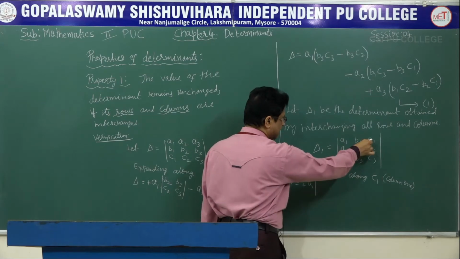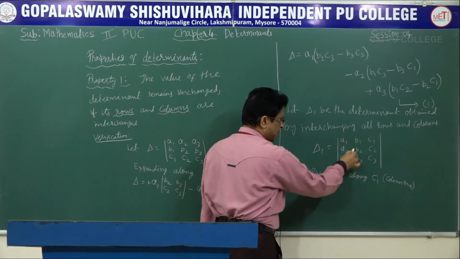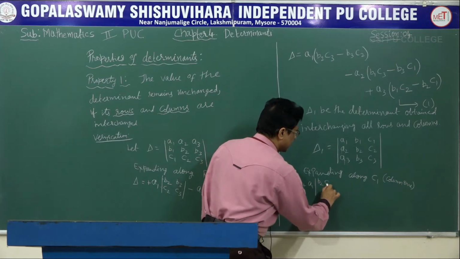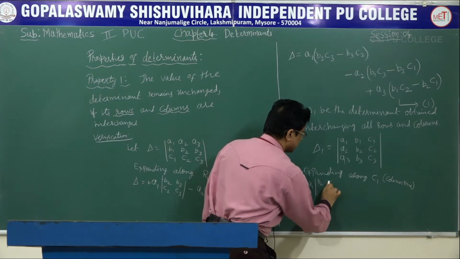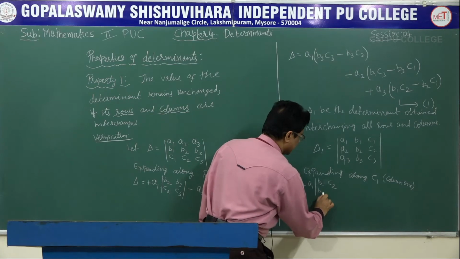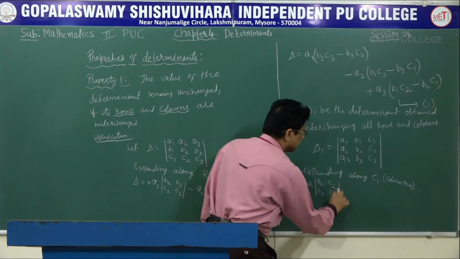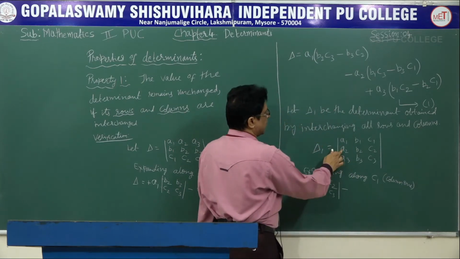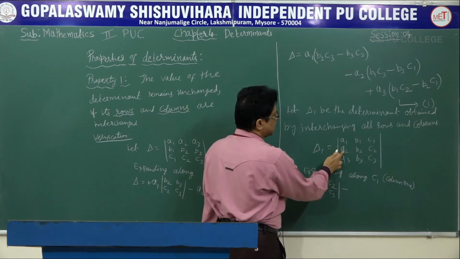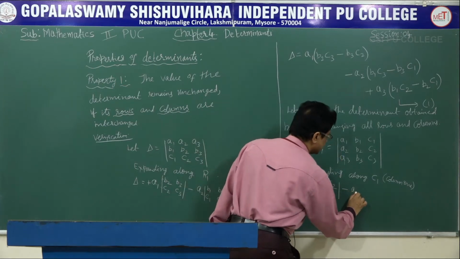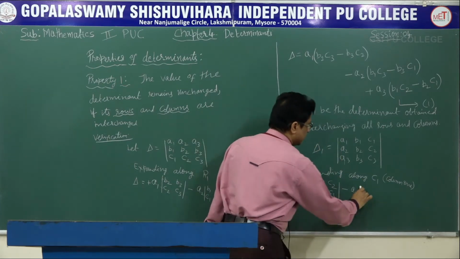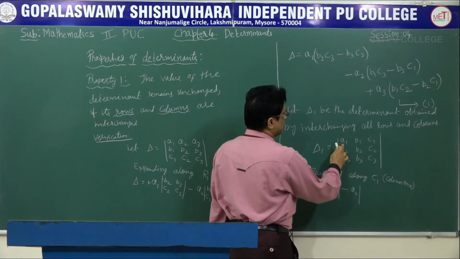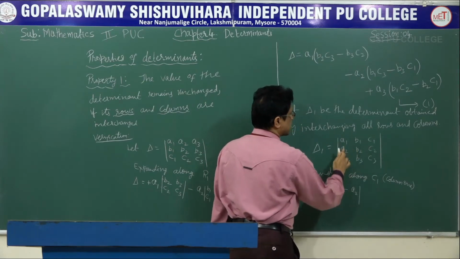So we will eliminate the first row and first column and take the determinant of the remaining elements, that is B2, C2, B3, C3. Next I will write minus. So next element of the first column is A2 into determinant of. So A2 lies in the second row and first column.